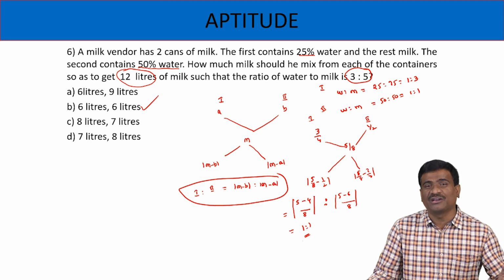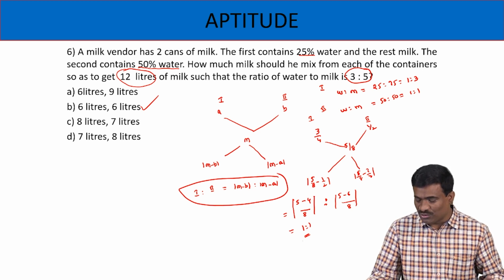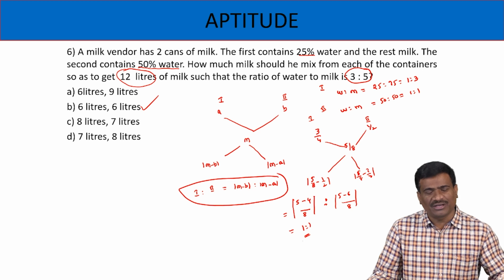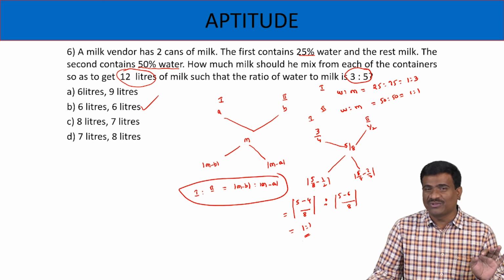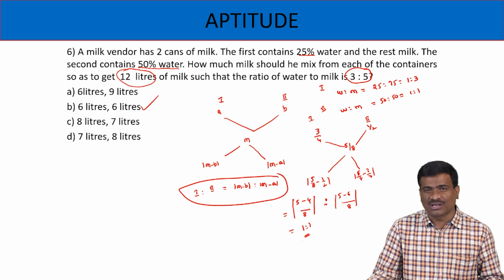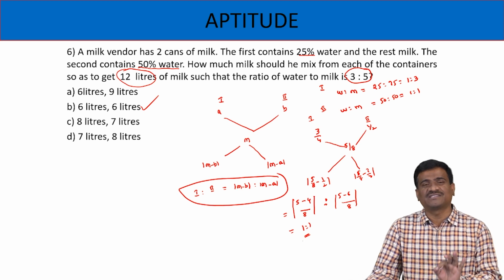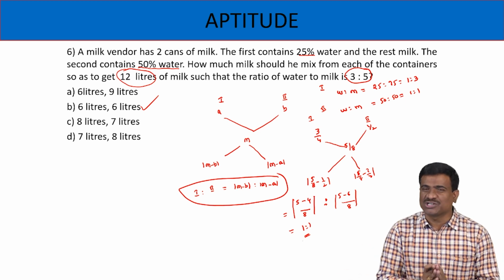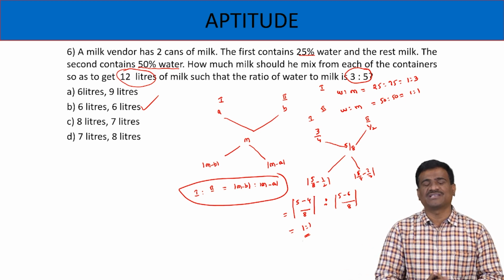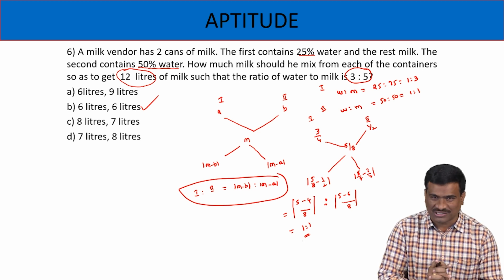Quantity of water in the first can is equal to 1 by 4, but the price is 1 by 4 into 0 is equal to 0. Therefore, the total cost price of can 1 is equal to 0 plus 3 by 4 is equal to 3 by 4. This is the exact method of this topic. This type of question is given; always consider only milk but not water.